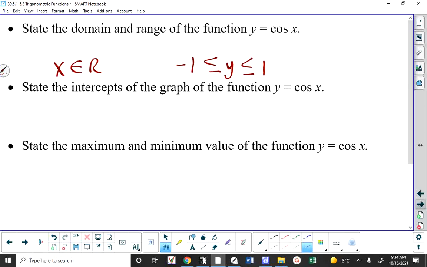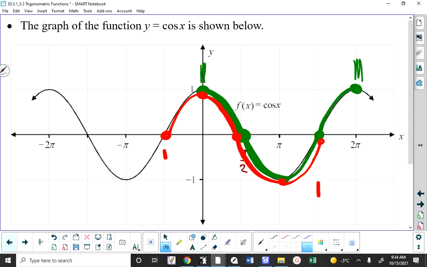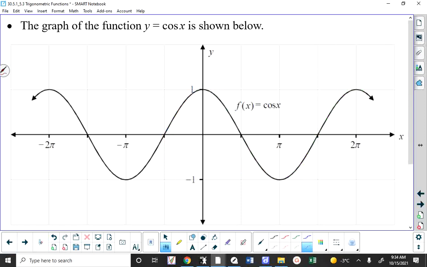The x-intercepts, this is a little trickier. The first x-intercept is at pi over 2. Let me clean this up. The first x-intercept is at pi over 2. And the distance from pi over 2 to 3 pi over 2, which is the next x-intercept, is pi.